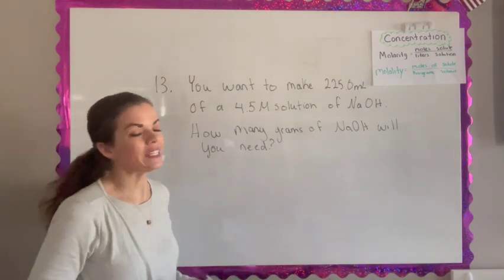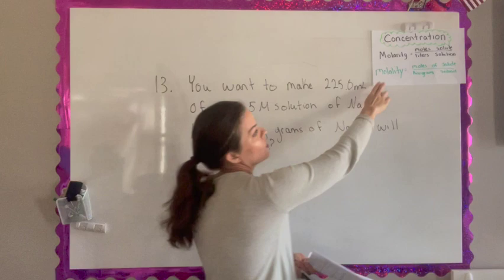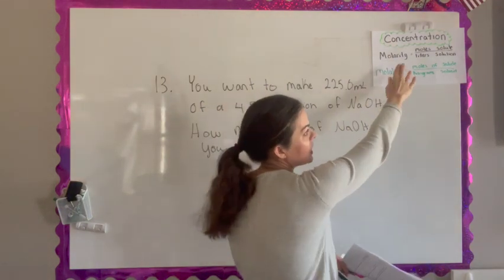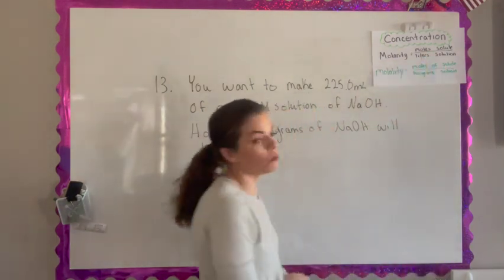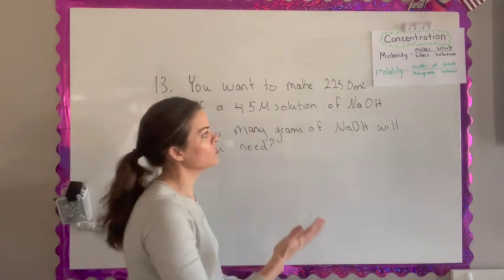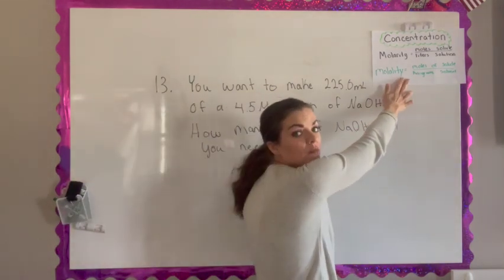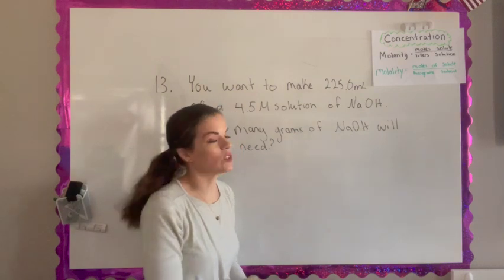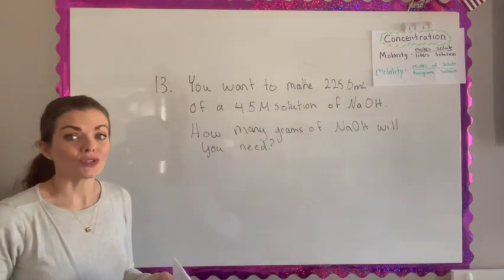And so I actually cannot use molarity to solve for grams, but I can use molarity to solve for moles. And why wouldn't I use molality? This does have grams in it, but it's grams of the solvent, not grams of the solute.